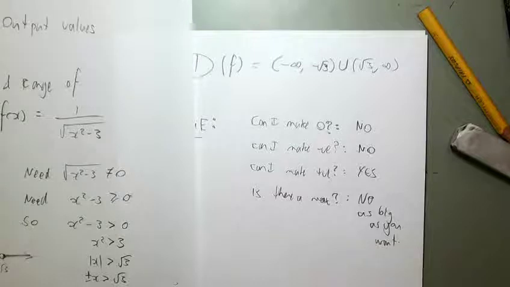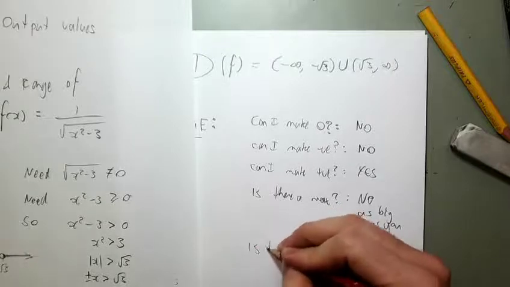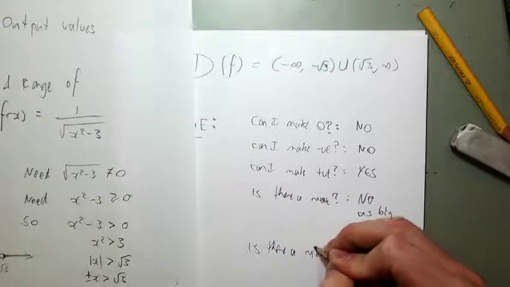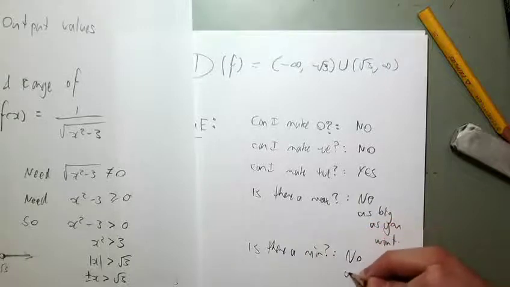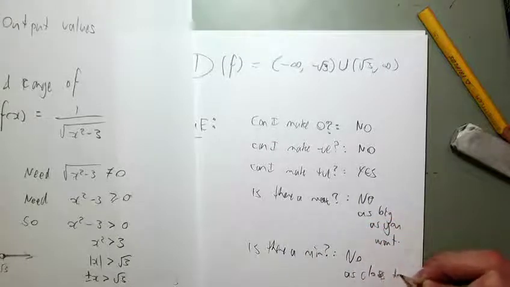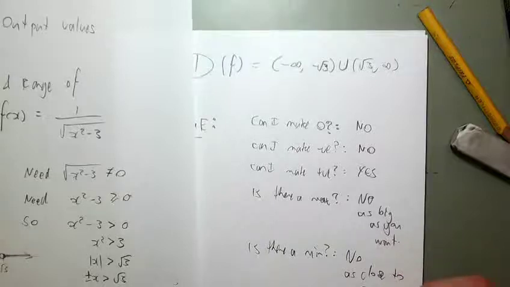If x is like 2 million, how big's my answer going to be? Really small. So if I make x big enough, I can make this total answer as small as I like. Is there a minimum? No. As close to 0 as I like.